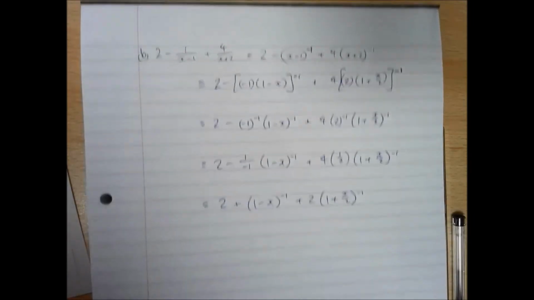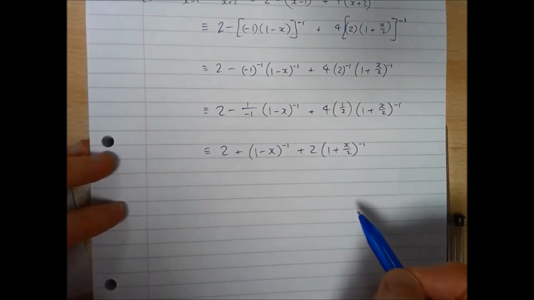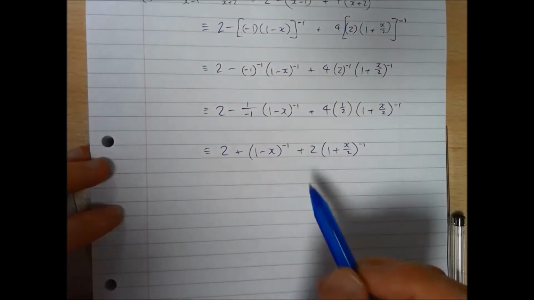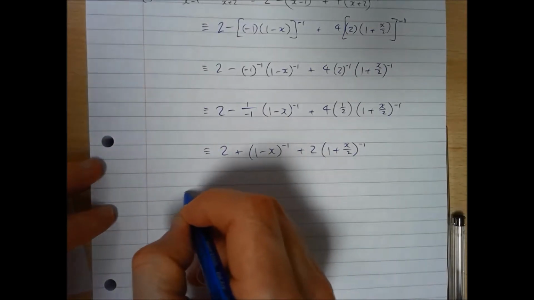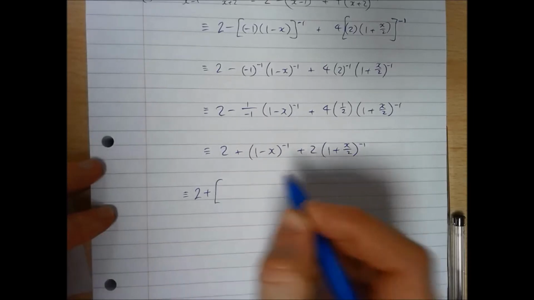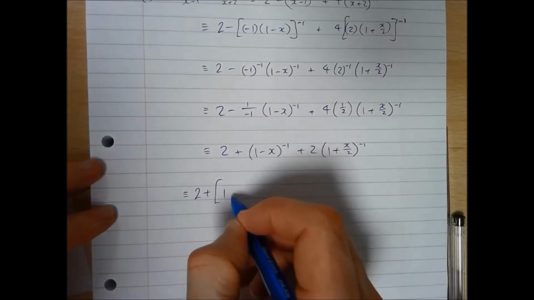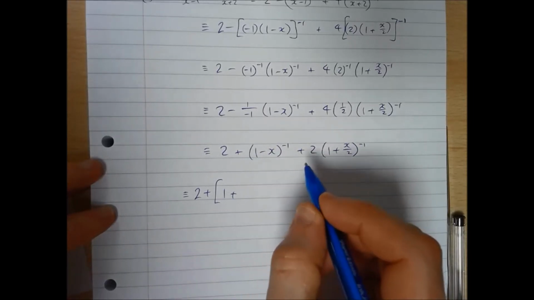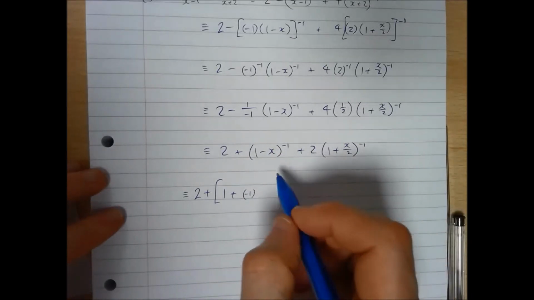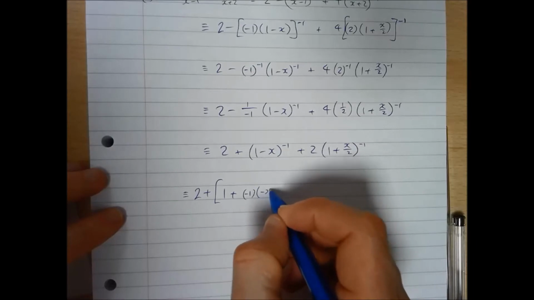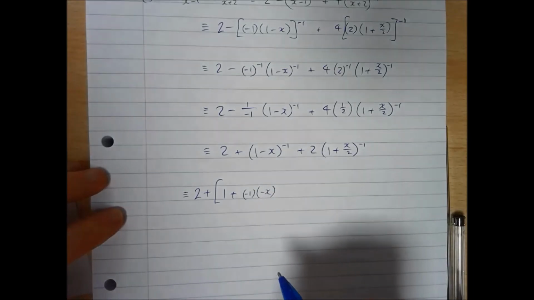Okay, and now we're ready to do the binomial expansion bit itself. So open bracket then. We have 1 plus nx, where n is negative 1 and the x in inverted commas is that negative x there. So checking against the formula booklet at this stage.